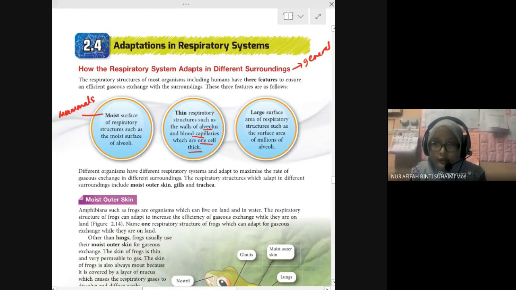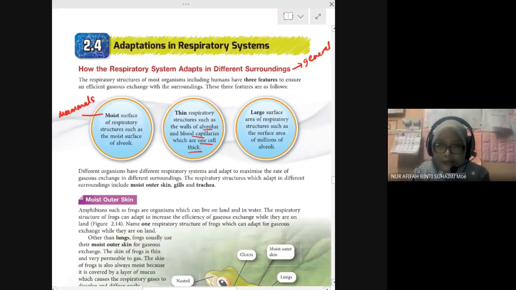Third, large surface area, because it is covered by network of blood capillary and millions of alveoli. Large surface area or big surface area. This one also for mammals.